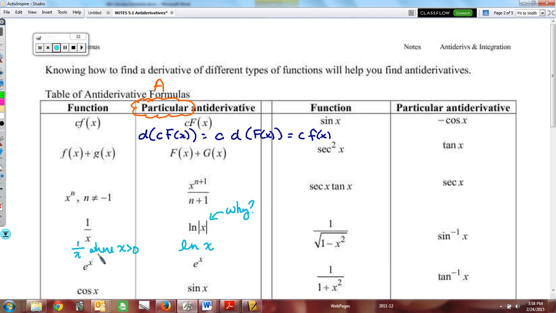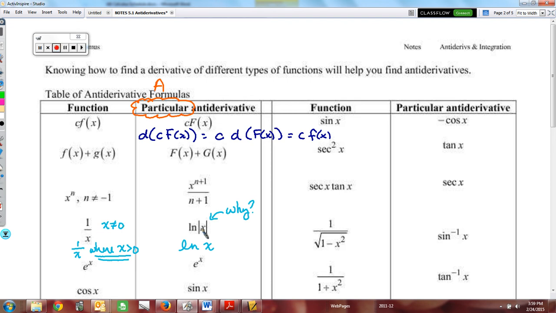So technically, when we were doing the derivative, we already knew that the domain of natural log of x was 0 to infinity. So even though we might not have written this part of it, it was really only 1 over x for positive values. So if I'm not given a domain restriction here, basically we're saying x is not equal to 0, that's the only division by 0 problem that you have.